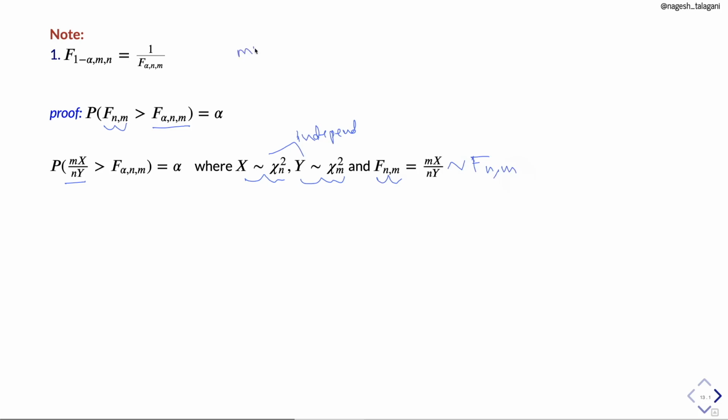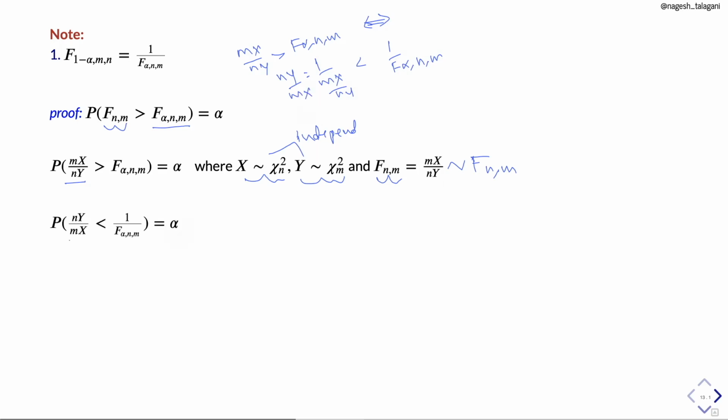Now (mX)/(nY) greater than F alpha n,m if and only if 1 by (mX)/(nY) less than 1 by F alpha n,m. This one I can write (nY)/(mX).